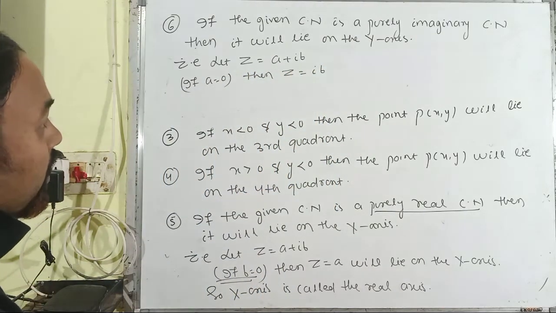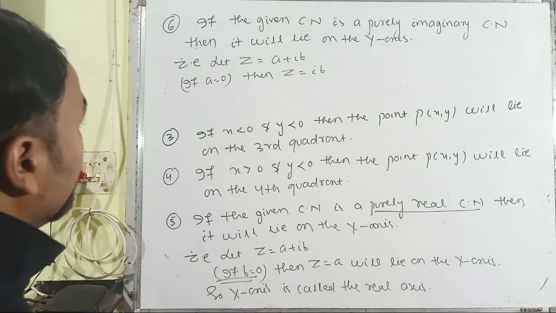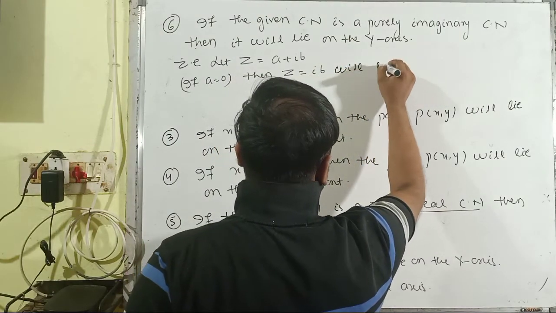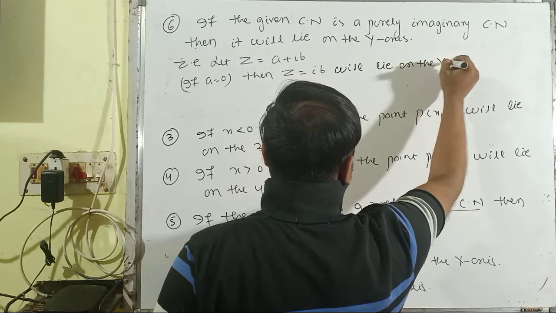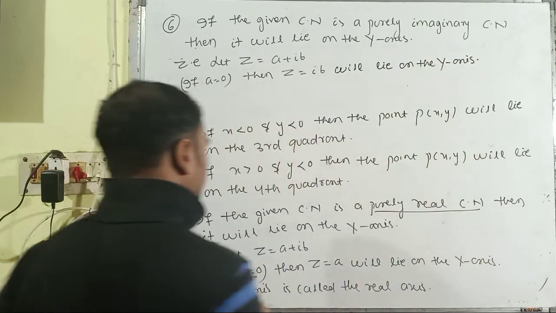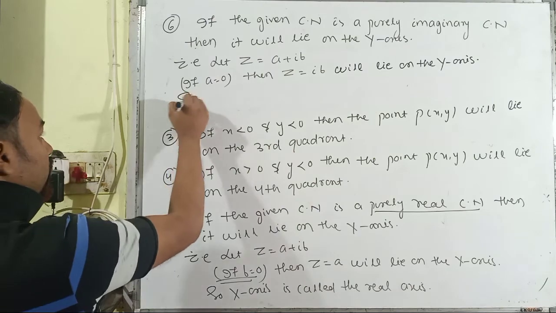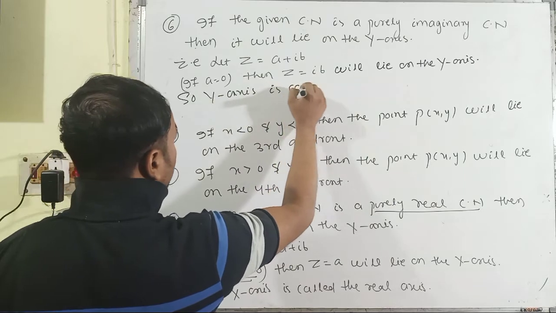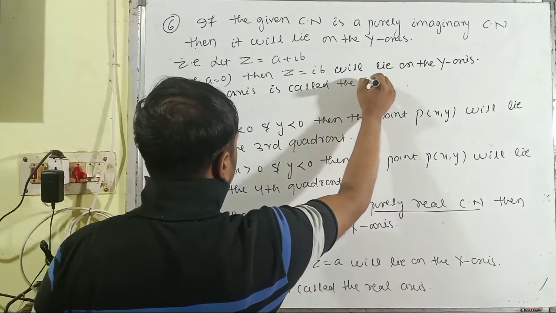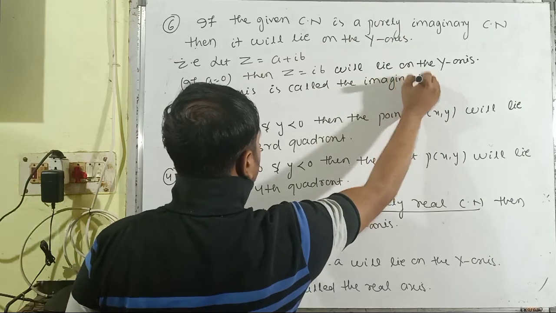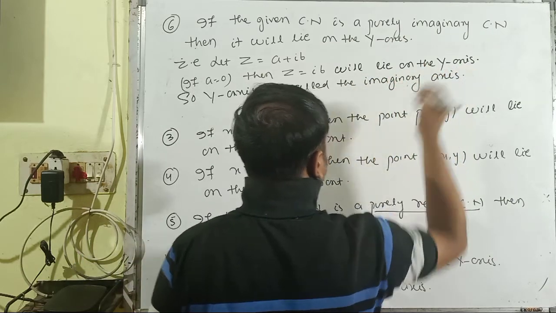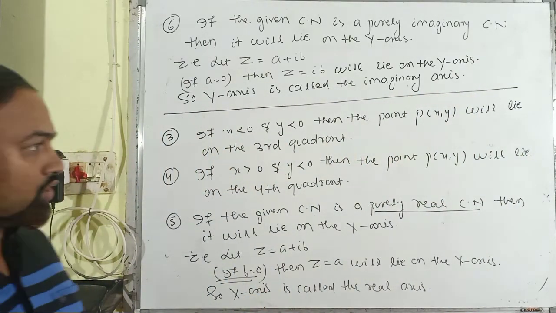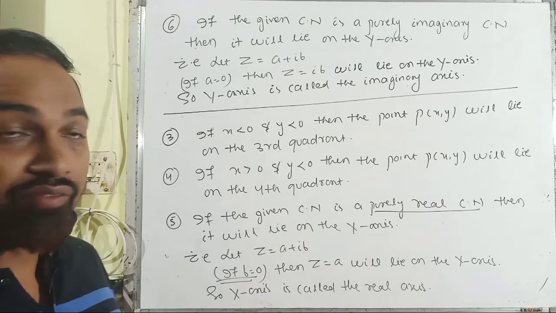It is a purely imaginary complex number and will lie on the y-axis. So, the y-axis is called the imaginary axis. These are all the fundamental notes of the representation of a complex number in different quadrants.